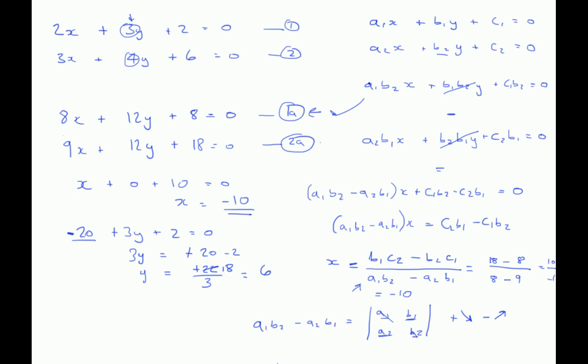Okay, so in our particular case, A1 B1 is 2 3, and A2 B2 is 3 4.